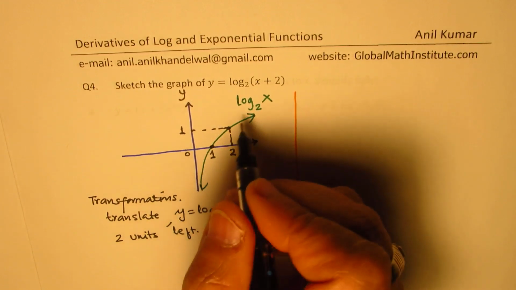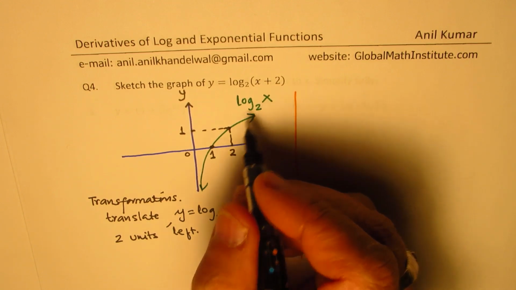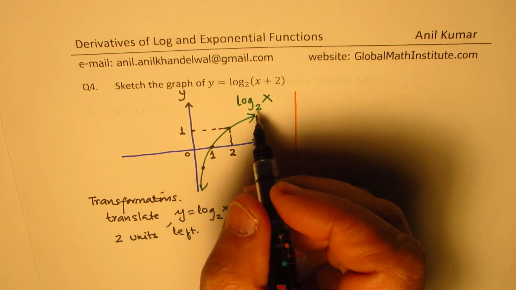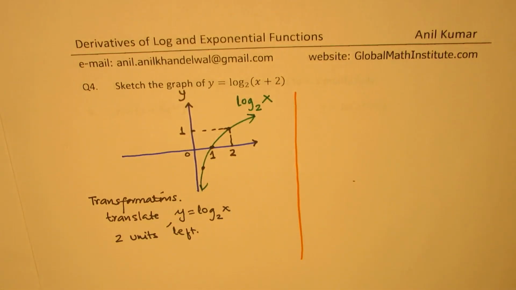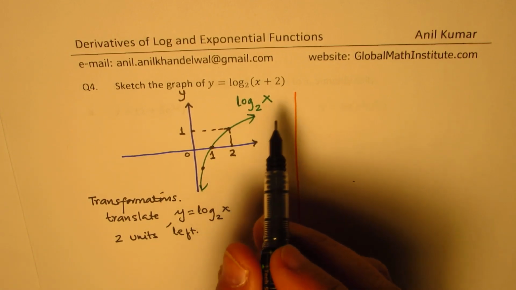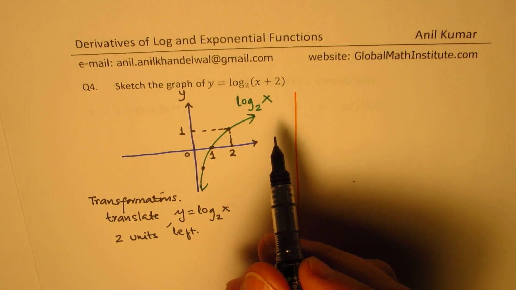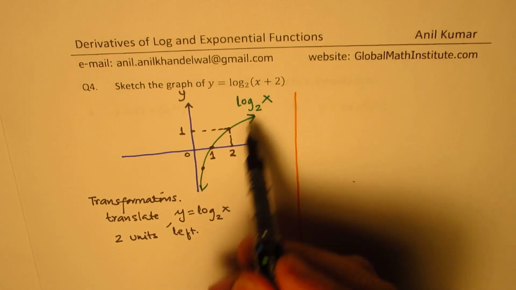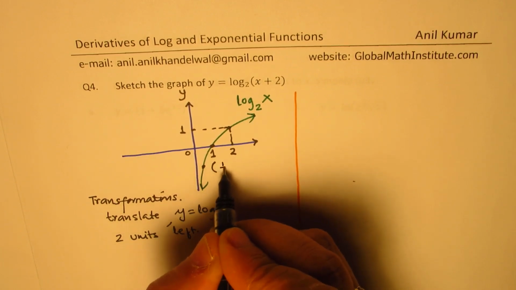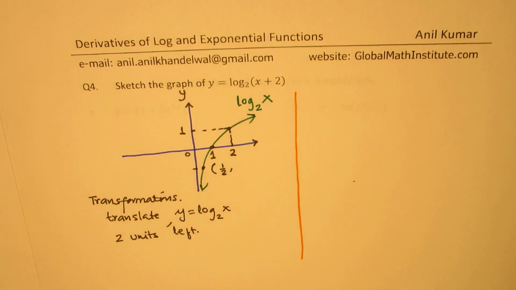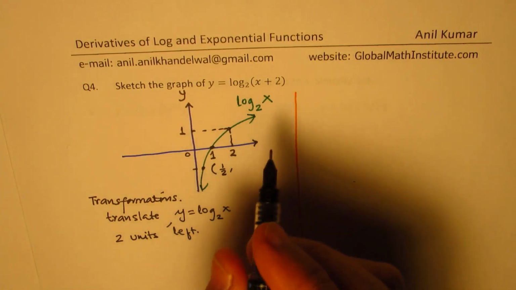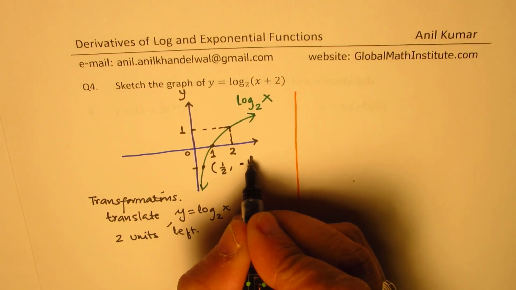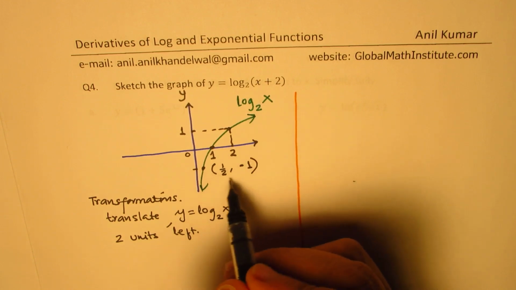These are the 3 points you are looking for. Then x equals half, where we have the value minus 1, since 2 to the power of minus 1 is a half. So these are the points.